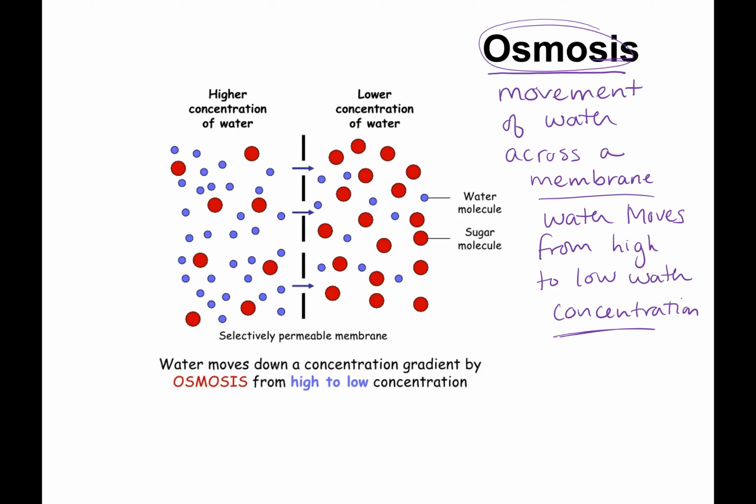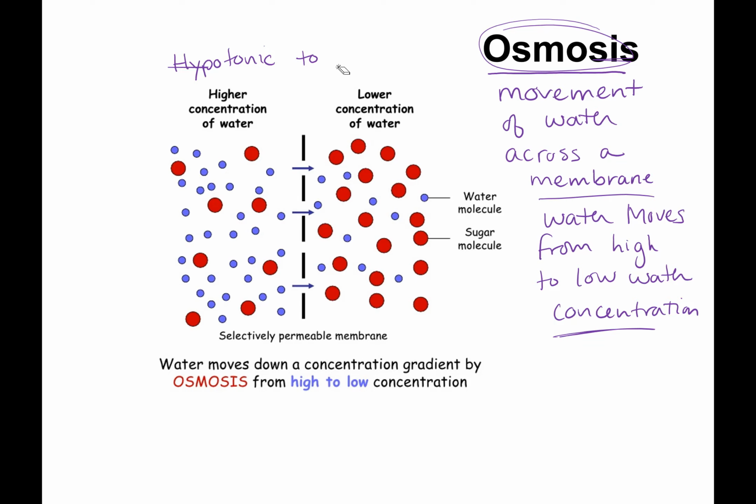One thing I want you to notice is that the concentration of water is always the opposite of the concentration of solute. So if our blue is water and our red is sugar or solute, you could say that this side is hypotonic to this side.